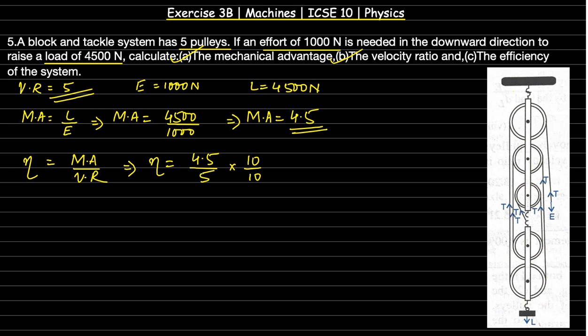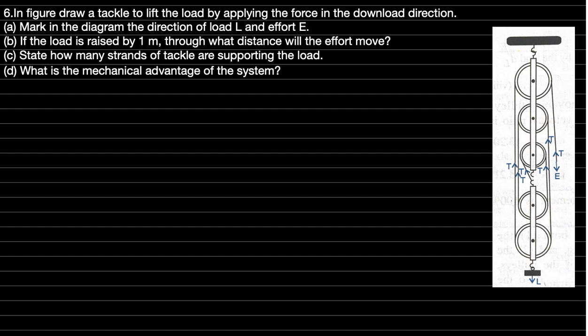So I get the value of efficiency to be 45 divided by 50. So the efficiency happens to be 9 by 10, or we can write it as 0.9 or 90%. So 90% is the efficiency of the system. So hope this question is clear. We have got all the 3 parts of it.